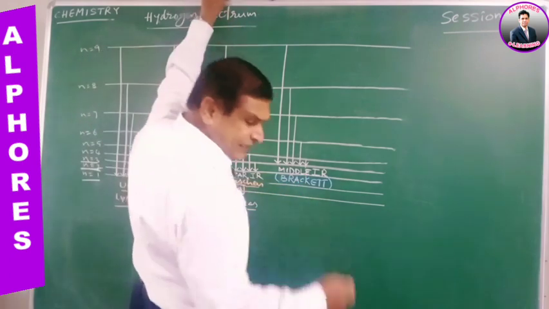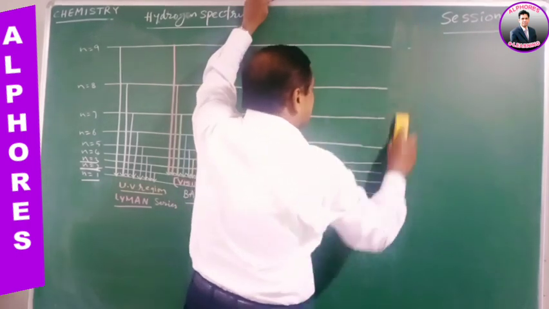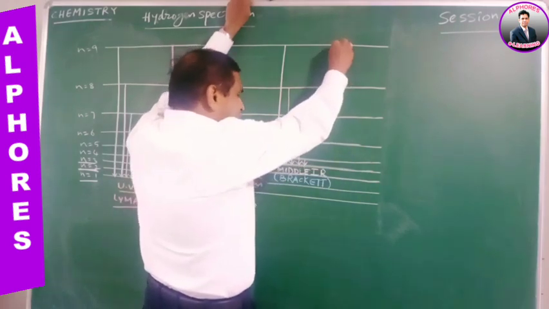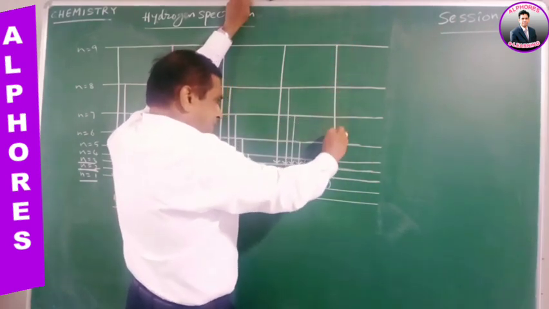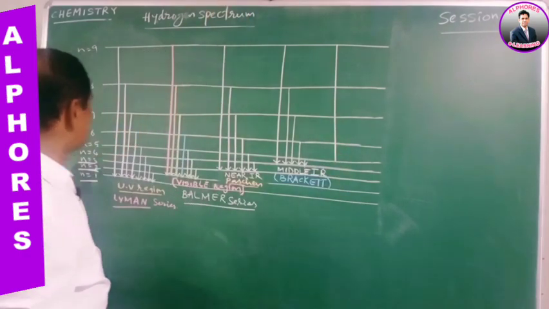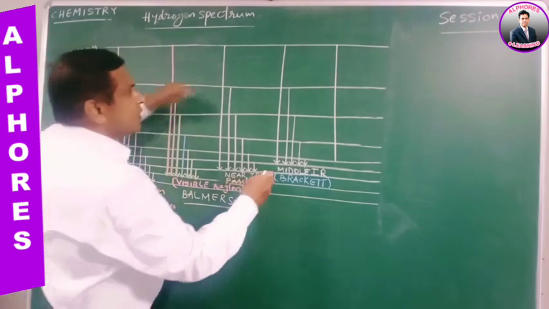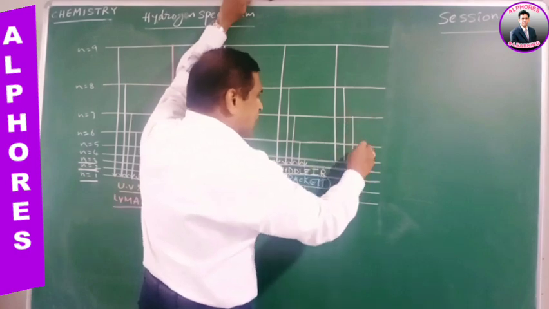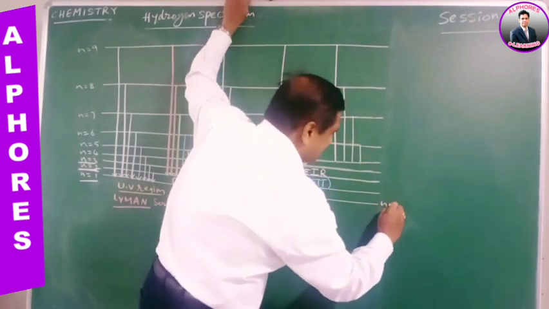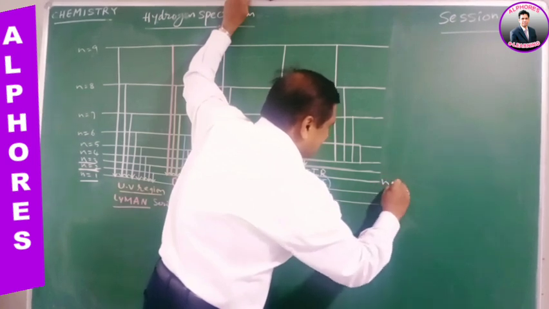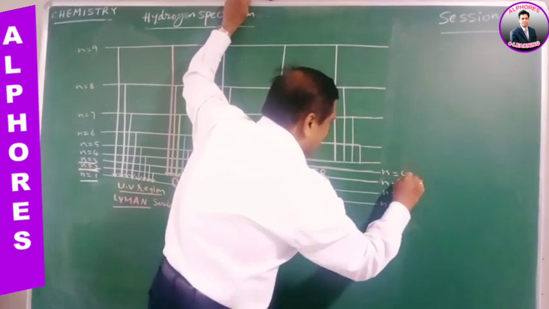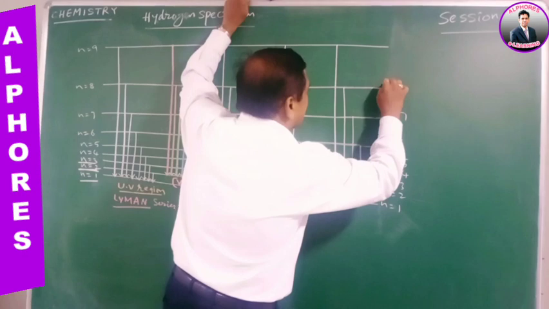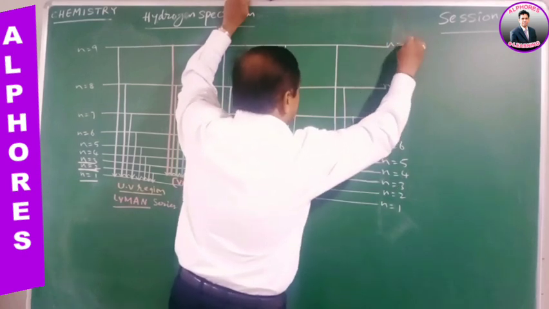Similarly, when an excited electron transition takes place from higher energy levels to n equals 5, say this is n equals 1, n equals 2, n equals 3, n equals 4, n equals 5, and then 6, 7, 8, 9.